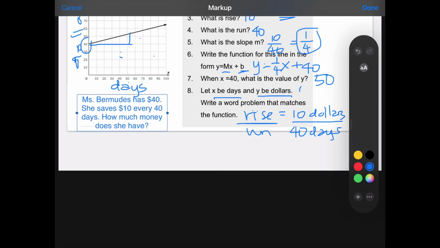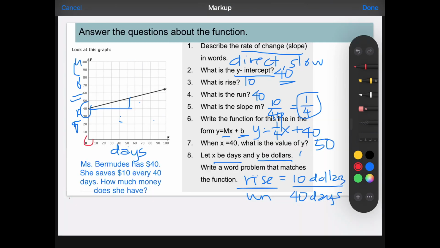Now the answer to that is really going to depend on how many days have passed. So remember, I started off already with $40. So on 0 days, I have $40. Then if you go out further in time, once it hits 80 days, that corresponds with $60.